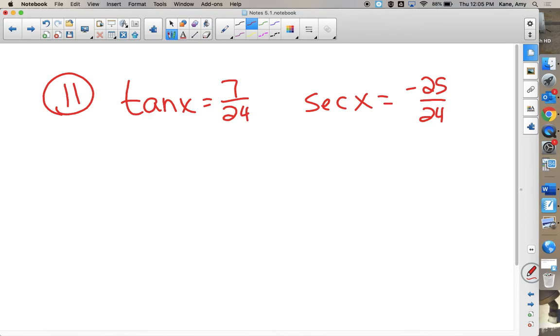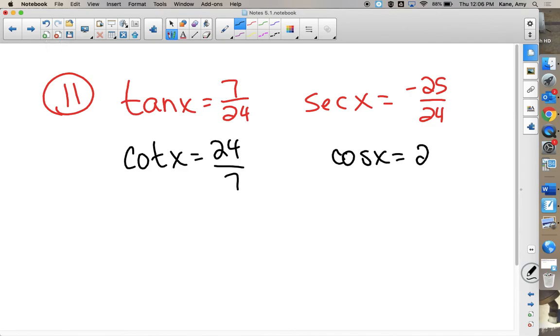Drew, if you know tangent, you can find cotangent, which would become 24 over 7. And Drew, if you know the secant, you can find cosine, and that one is 24 over negative 25. Right. So using identities, we still need sine, and then once we know sine, we can find the cosecant.